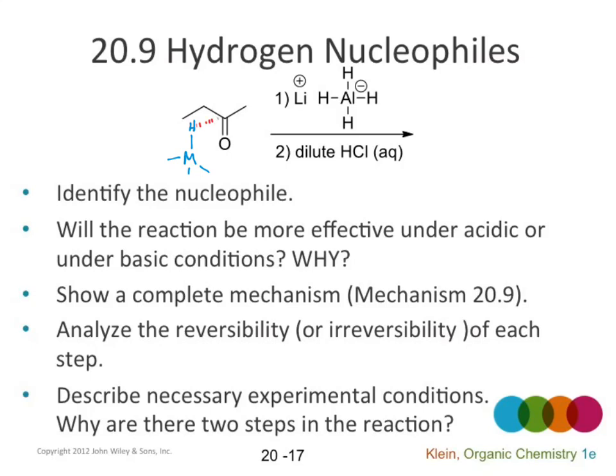The H minus starts to coordinate with our carbonyl. The metal can coordinate with the oxygen. Once they get close enough, we can get the electron shifts around, and we now have added our hydride to our carbonyl.